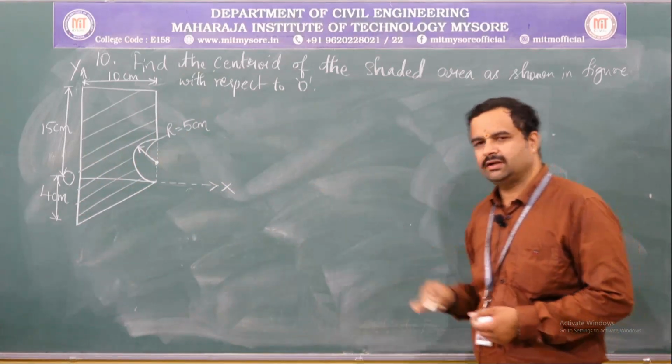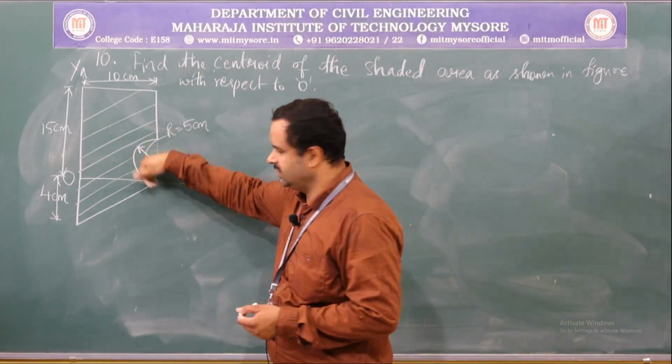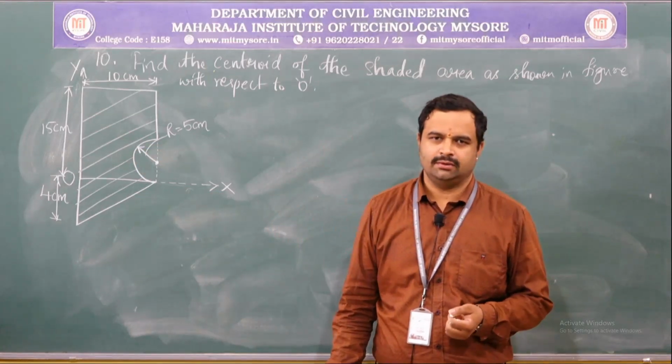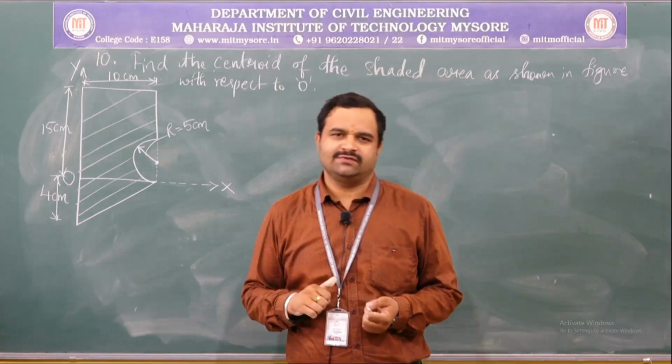So in this particular lamina, we need to cut a semicircular portion and try to find the location of the centroid.